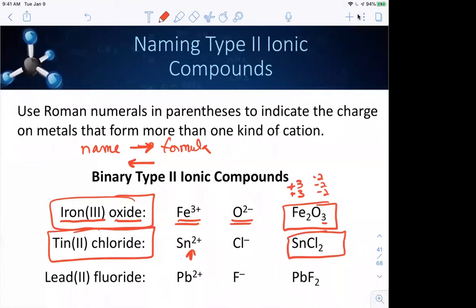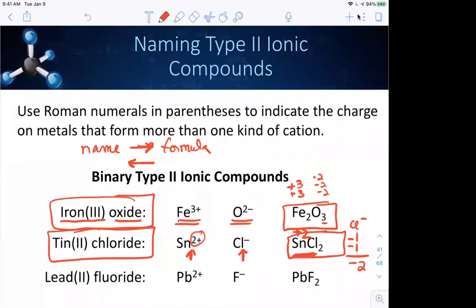You have to go through the individual ions in order to do either one of those directions. Tin(II), if it's given in the name, you know it has a 2+ charge directly. If I use the formula, I have a -1 and a -1 from the chlorides, which gives me a -2, so my tin has to be a +2.